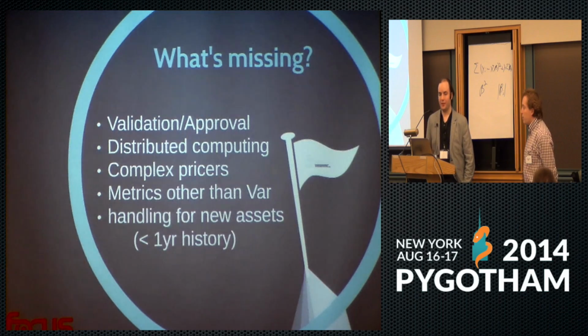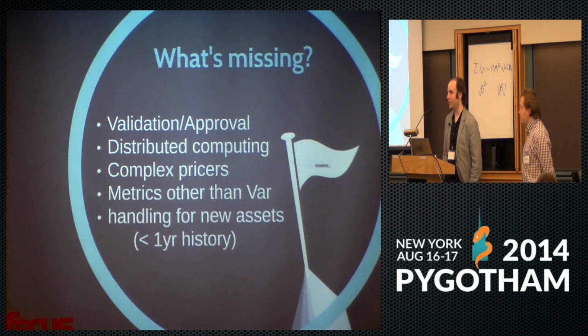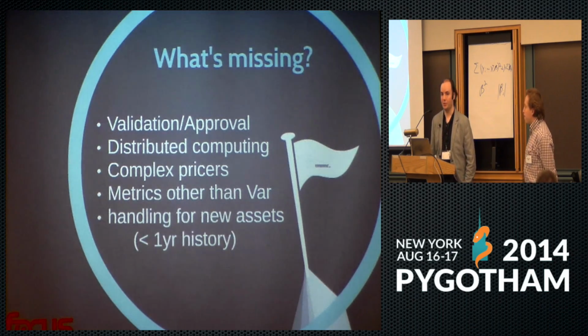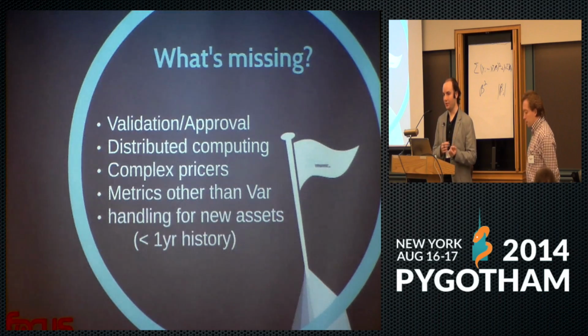Typically, after you have something built, you have to validate and approve it. You go through model review, you get regulators to approve it, and even if you don't do that, you do a process of back testing, where you check to make sure that its results consistently match with reality. Also, typically, you'll have enough data flowing through this that you need to distribute the computation.